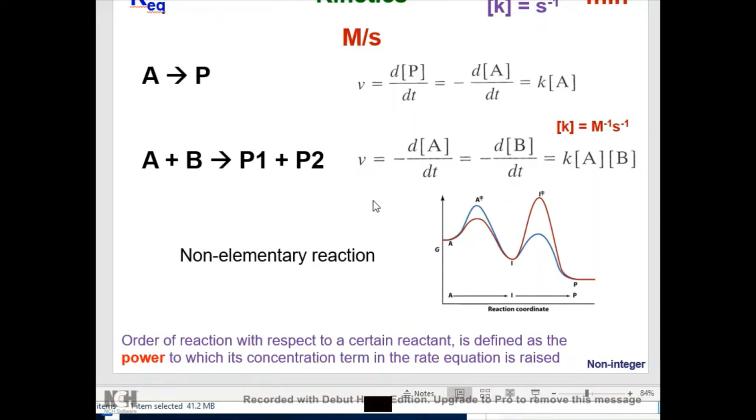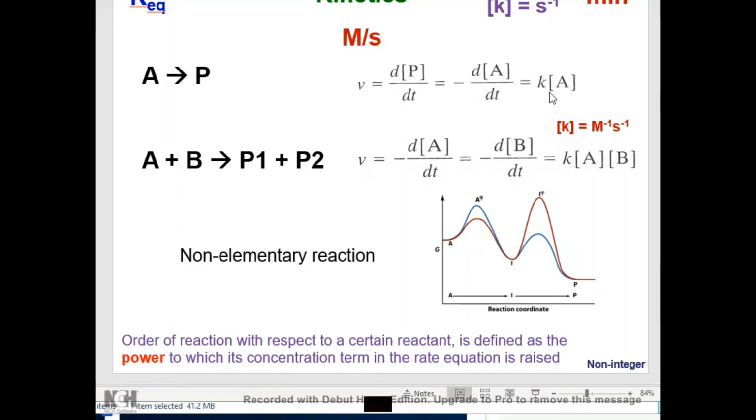Any chemical reaction is described by its rate or velocity, indicated by letter V, which is a change of the product over time, or negative change of reactants over time. This negative sign stands for reducing the concentration of reactant over time, and the positive sign stands for increasing the concentration of product over time.